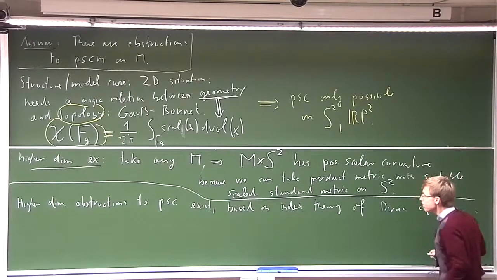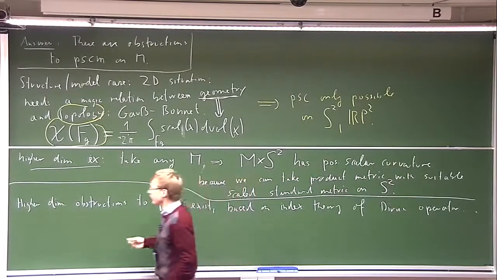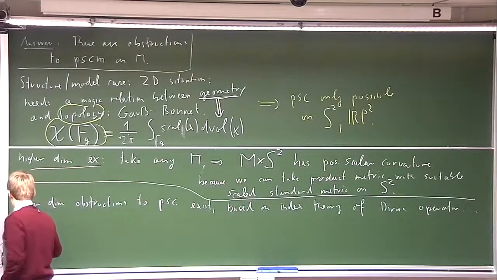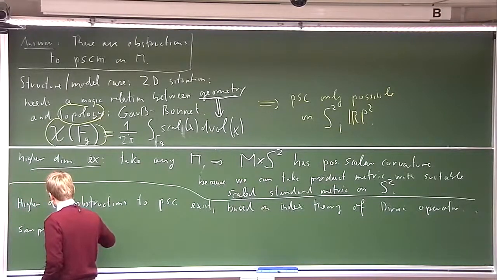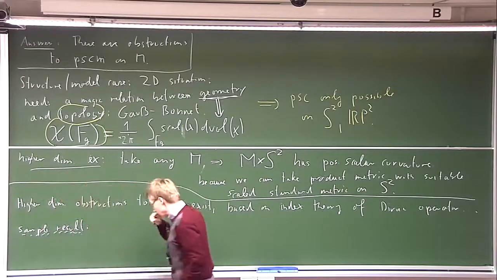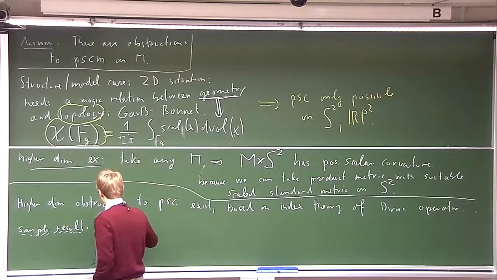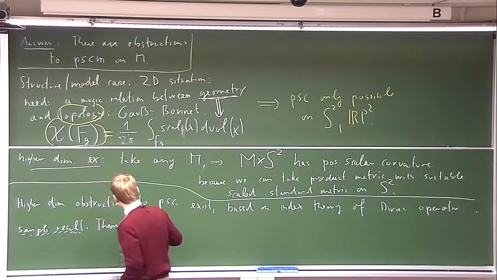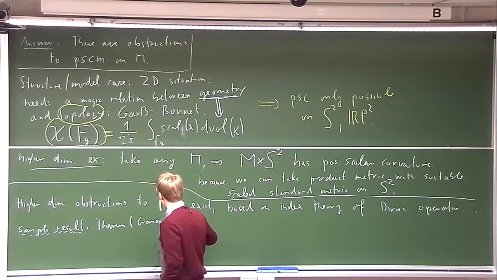And I want to give you one of the more recent and finer sample results. Which I hope to get to how the proof goes toward the end. Which is the following theorem, which in some special version goes back to Gromov and Lawson.